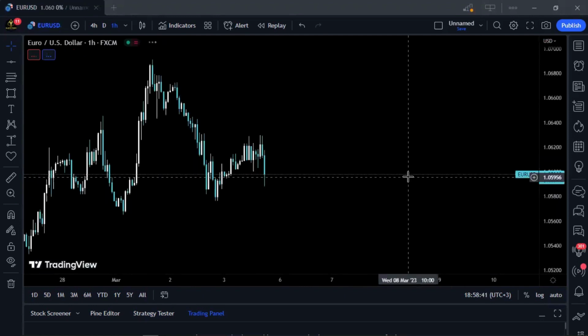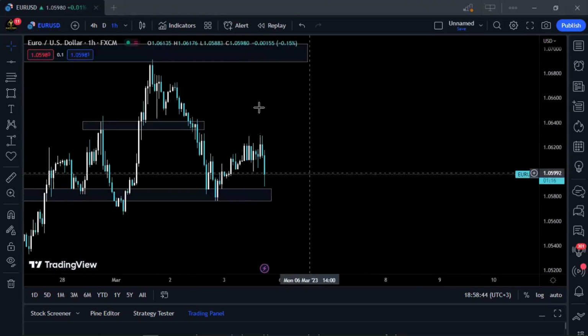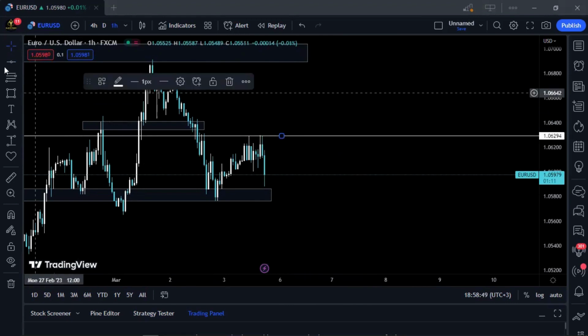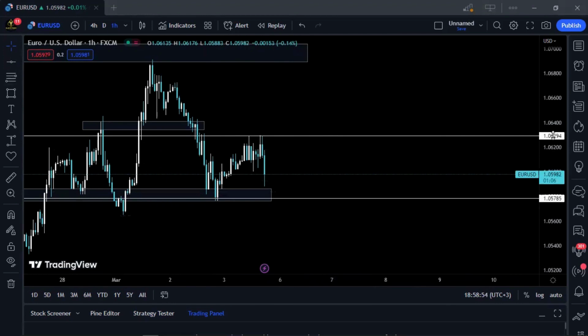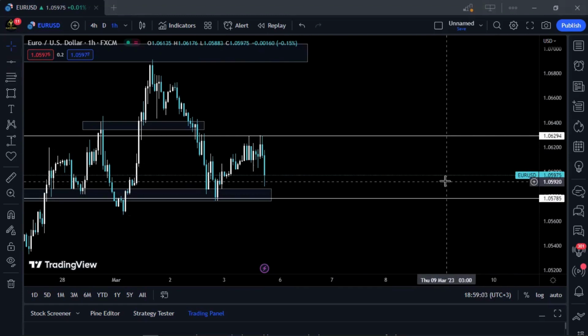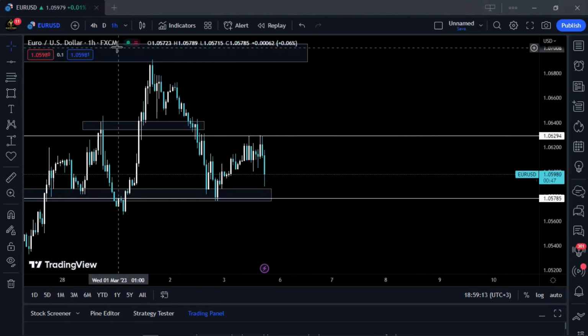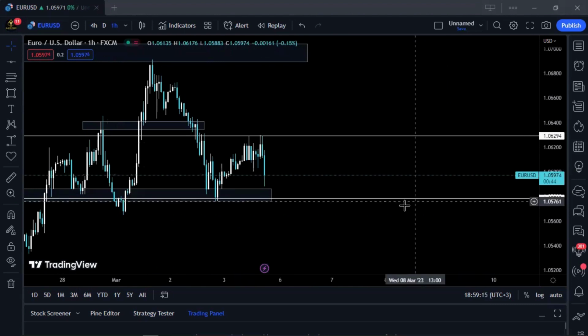Whereas if you compare it to a pair like EUR USD, price movement from here to down here, after the decimal point you have 1.06294, 5 decimal places. So the difference you first need to spot is that the JPY pairs have 3 figures after the decimal point, whereas most of the US pairs have 5.